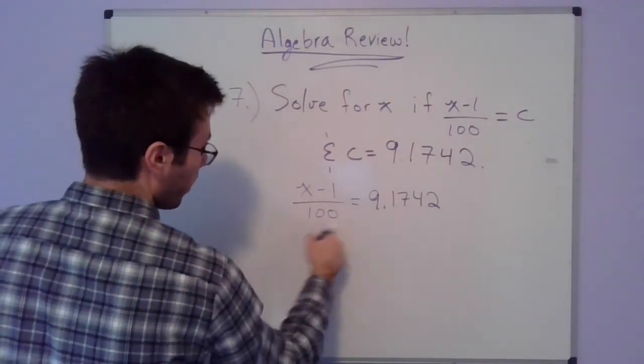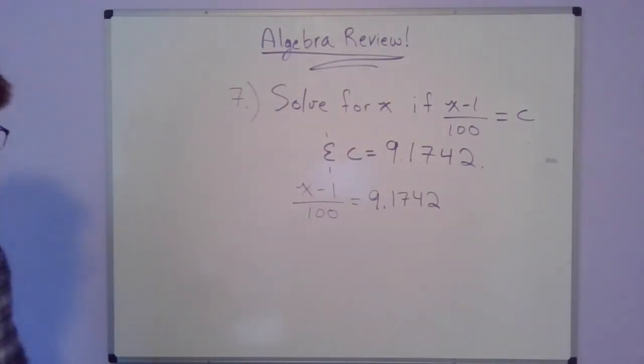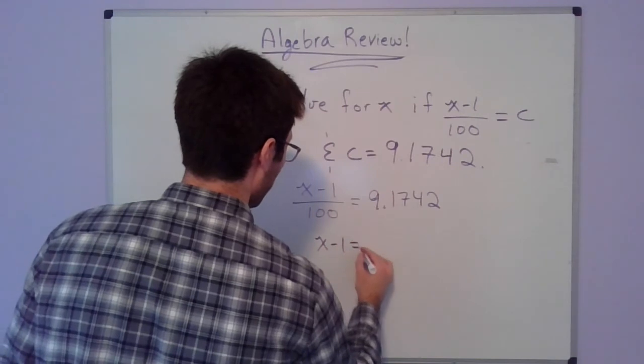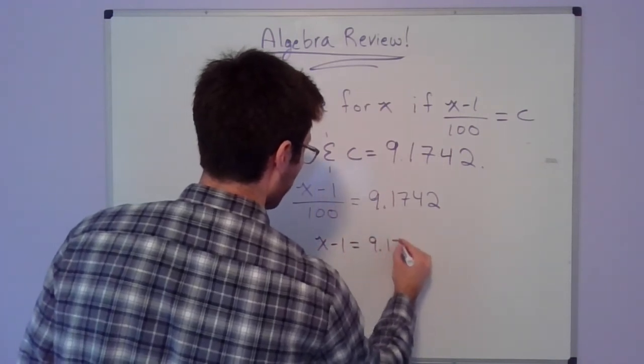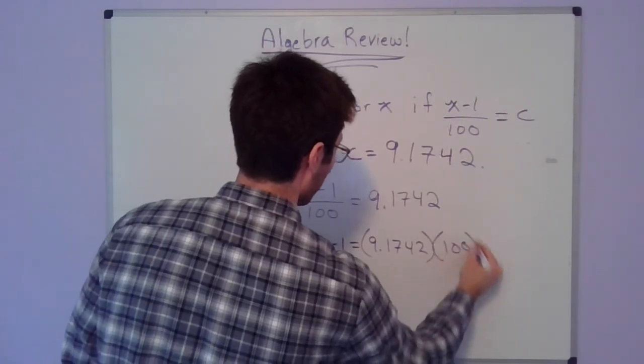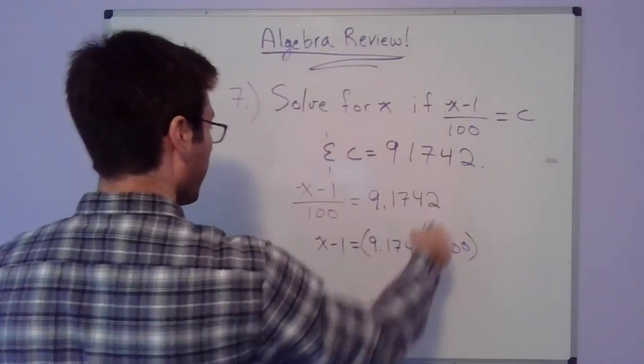Now, at this point, I'm going to multiply 100 on both sides. So when I multiply 100 on both sides, I get x minus 1 is equal to 9.1742 times 100. Imagine that 100 swinging over and it's hitting that.